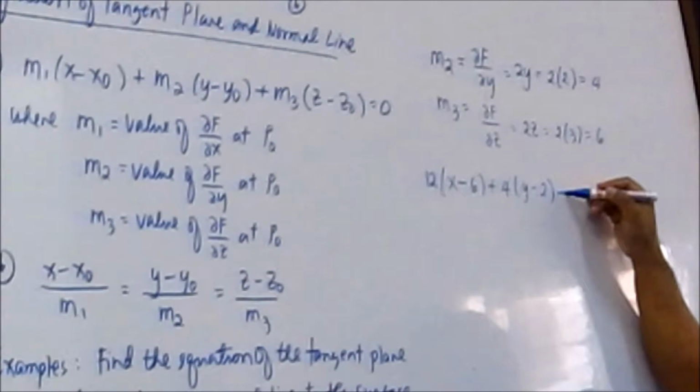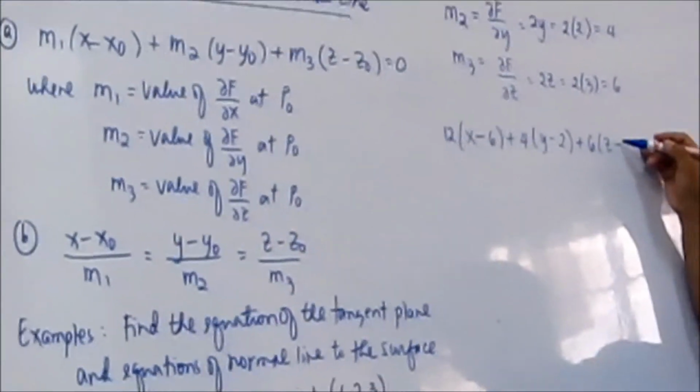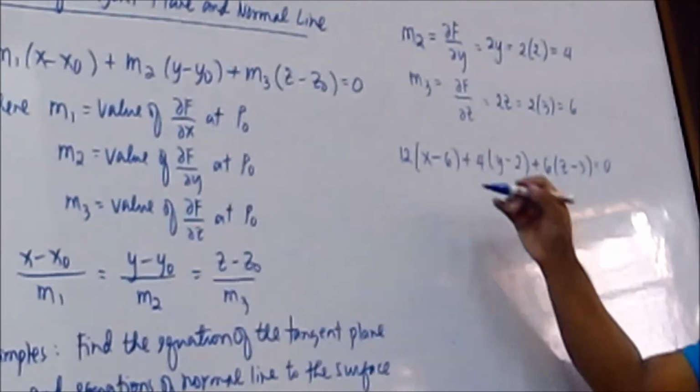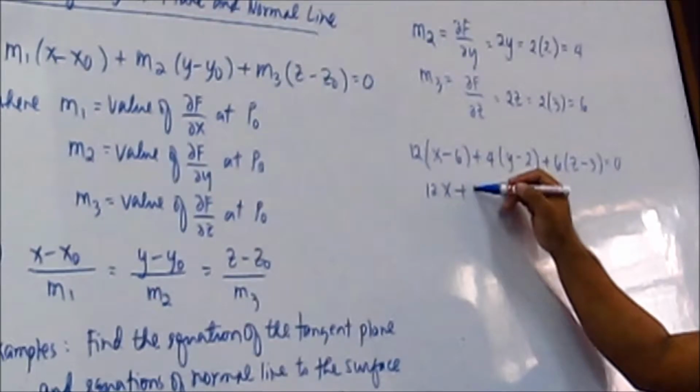Then lastly plus m3, which is 6, times z minus 3, equals 0. Then simplify: we have 12x plus 4y plus 6z, then the constant terms, negative 72 minus 8 is negative 80, minus 18, that will give you negative 98.